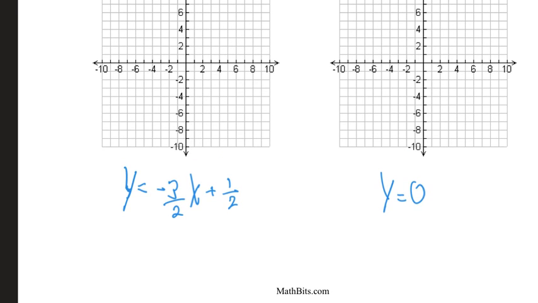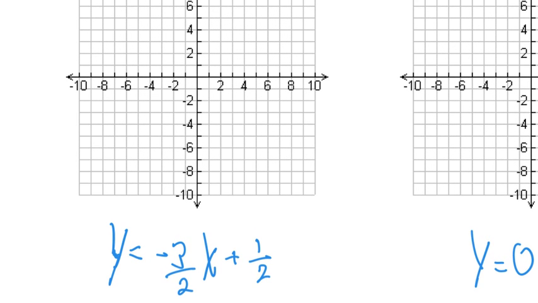Y-intercept is 1/2, which is located right about here. Down 3/2. Down 1, 2, 3 over 1, 2. We got to go half on this one, don't we? Down 3/2. Down 1, 2, 3 whole units over 1, 2 whole units.